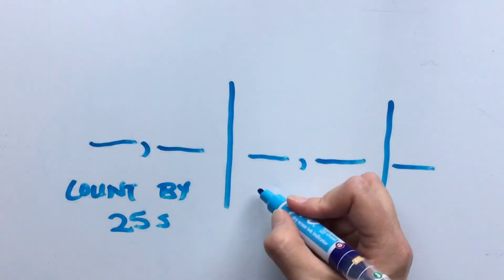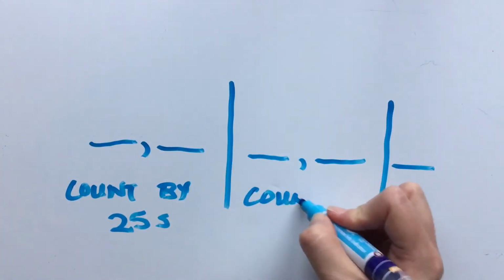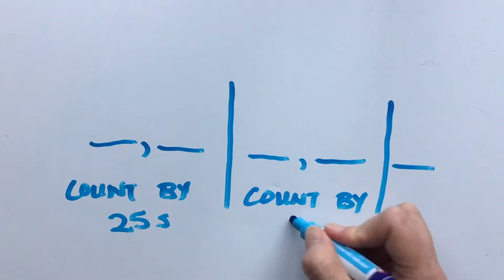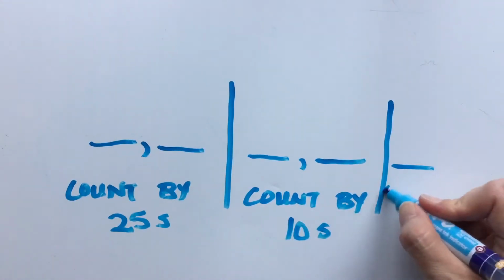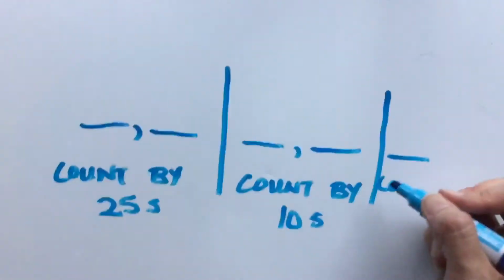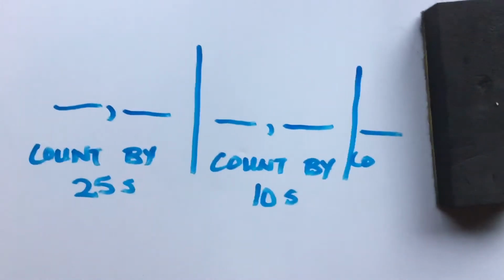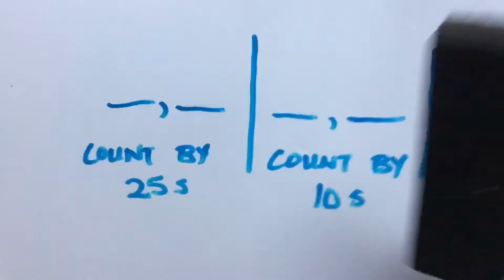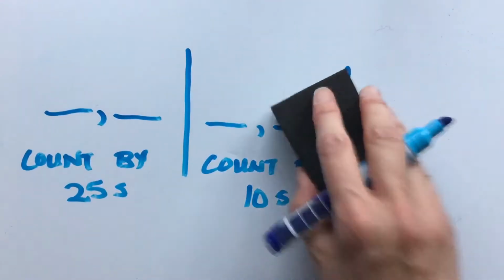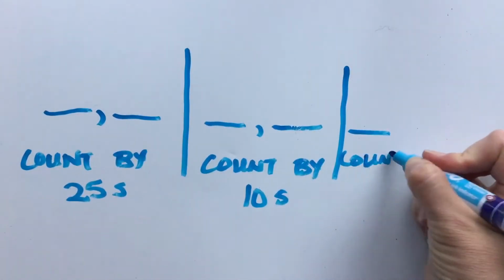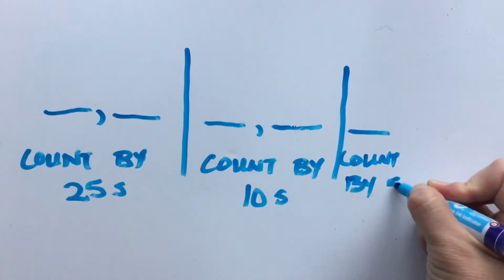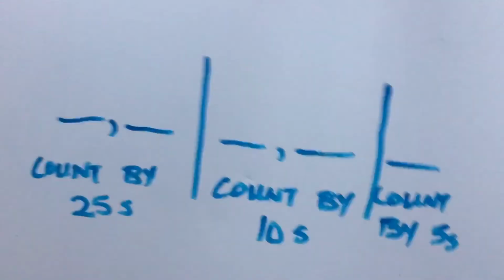Maybe in the second one I want to count by 10s, and in the last just count by 5s. All right, let's take a look.